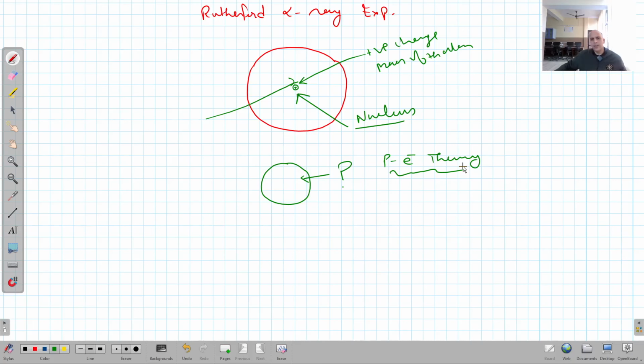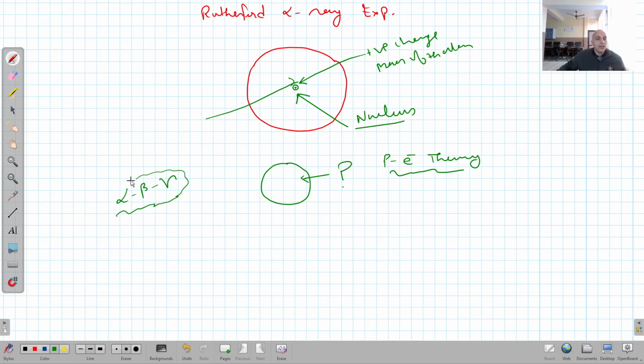So where did this theory come from? If we look at the various properties of atomic nuclei, particularly for those atoms which are heavy, right, then we found that these atomic nuclei of heavy elements were emitting alpha, beta and gamma rays, right?